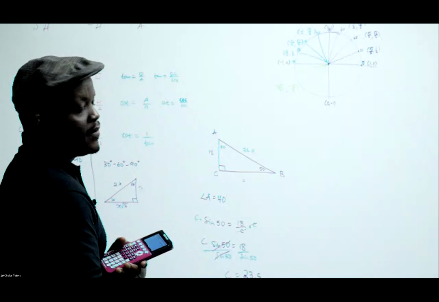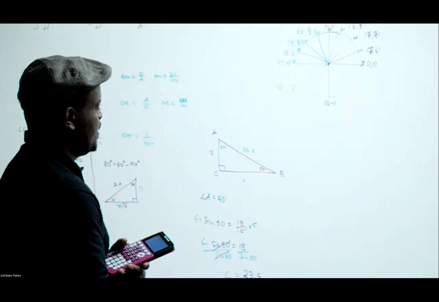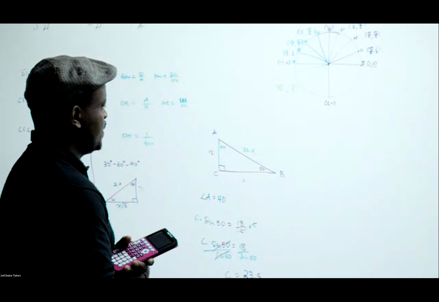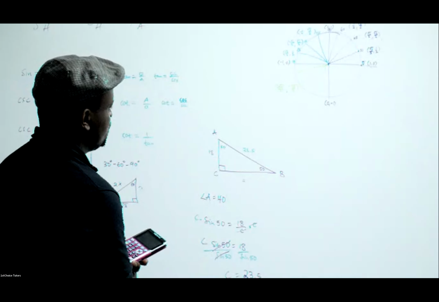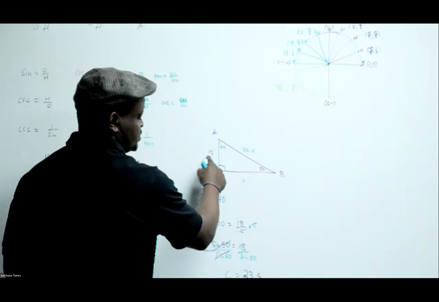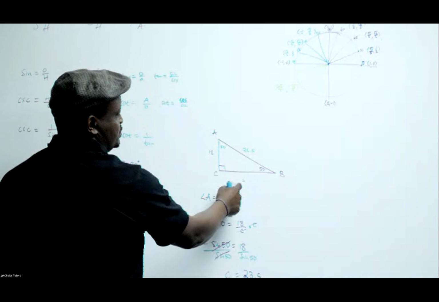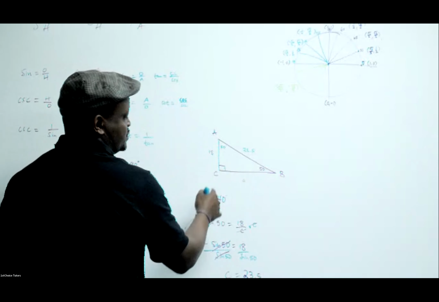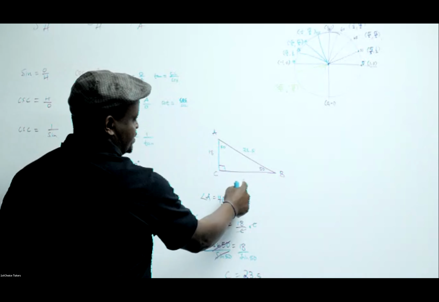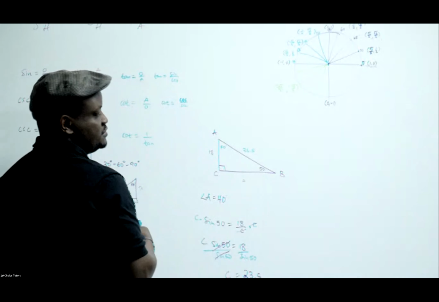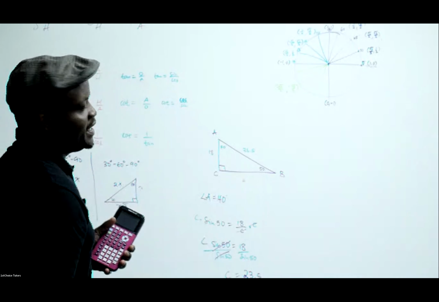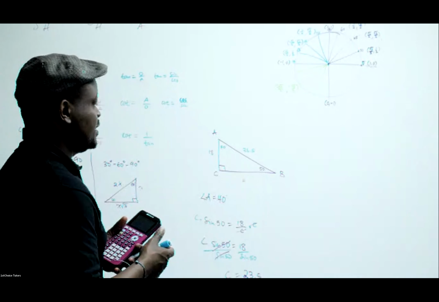Would it be sine again? So first of all, we want to go back to the original numbers, 18 and 50, right? And then we need this one. So this is opposite, and what is this in relation to that? Adjacent. So SOHCAHTOA, which one has opposite and adjacent? Right, that's how you make the decision.